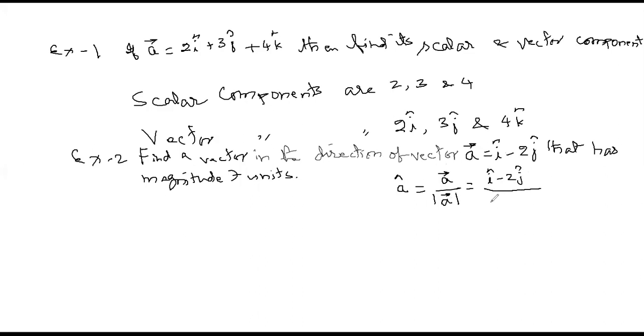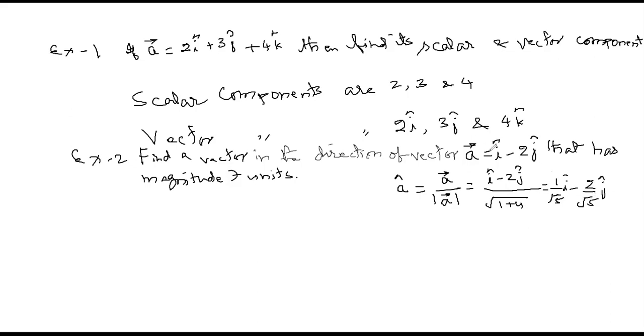Divided by under root 1 square plus 2 square, which is under root 5. So you get the unit vector as 1 by root 5 i minus 2 by root 5 j.